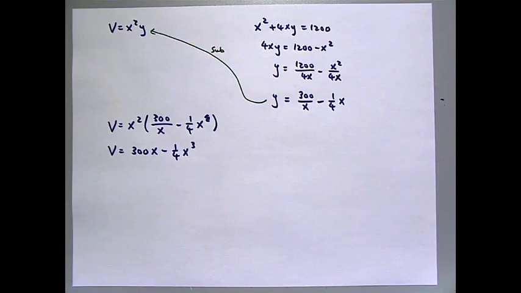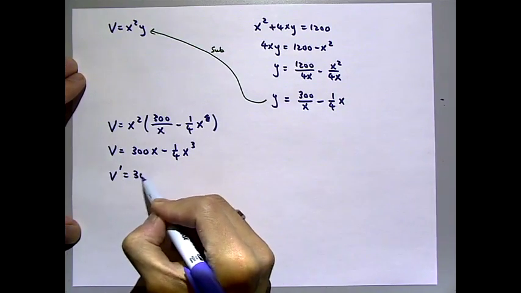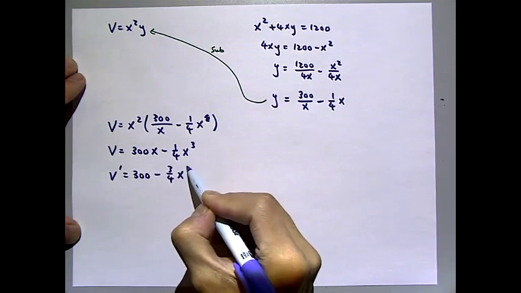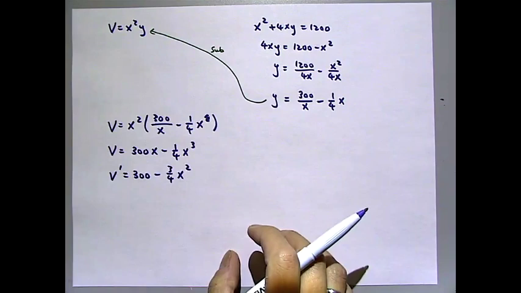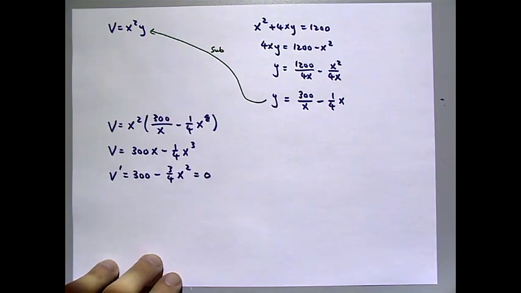Now we do what we did before. You take the derivative, find the critical number, verify that it gives you what you want, and then answer the question. Okay, derivative: 300 minus 3 over 4 x squared. Make that equal to 0.